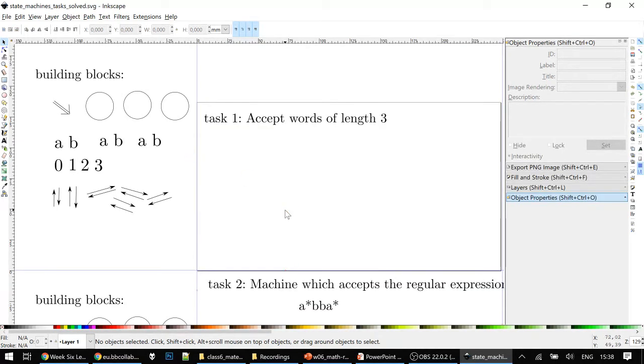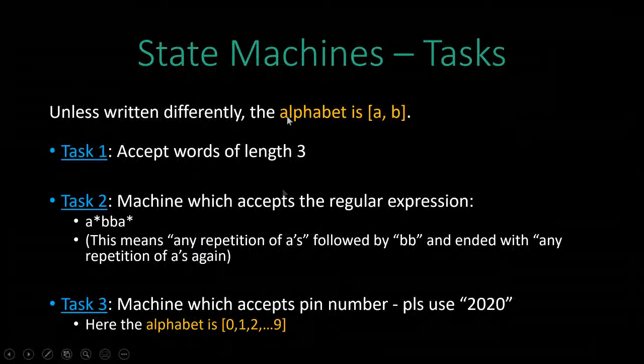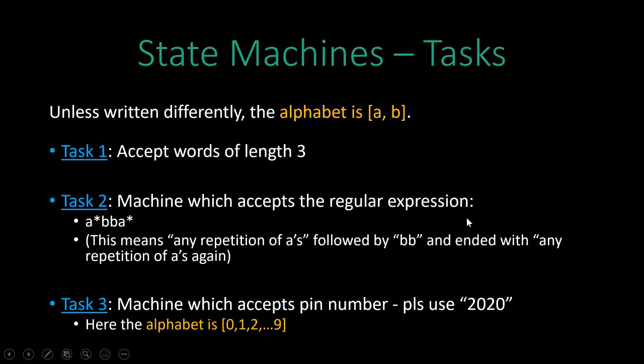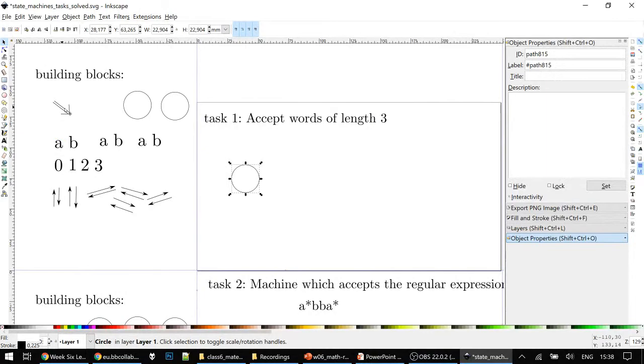So let's start with task number 1, the state machine which accepts words of length 3. As was said here, unless written differently, the incoming alphabet is A's and B's. We always have to have a state which we start in, and we want to accept words of exactly length 3.